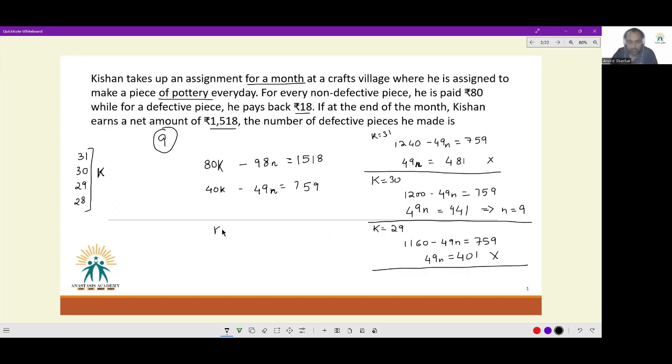Finally, when k is equal to 28, 1120 minus 49n is equal to 759, which gives us 49n is equal to 361. This is also not giving us an integral result. So out of the 4 possible values of k, because k can take only one possible value, which is 30, the answer to the question, the number of defective pieces he made, is 9.